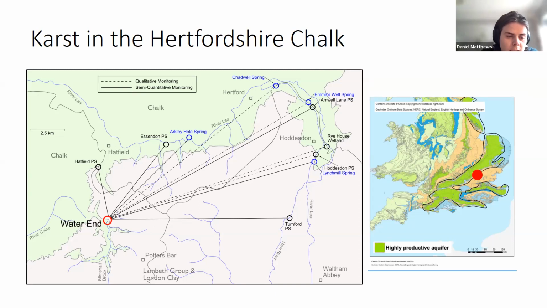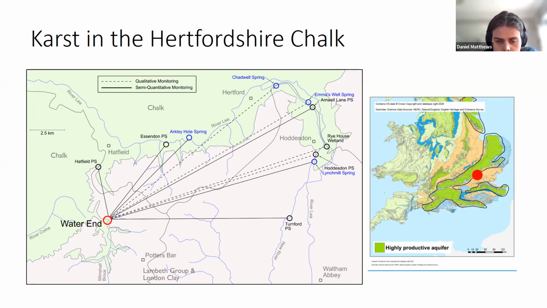And these were some of the earliest trace tests done in the UK. So these were qualitative because they were very early trace tests. There's been one much more recent one, and this did a good job of establishing connections across the Lee Valley, but the sampling frequency was quite low as a result of the amount of monitoring sites that were included in the test.